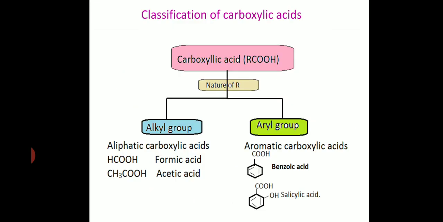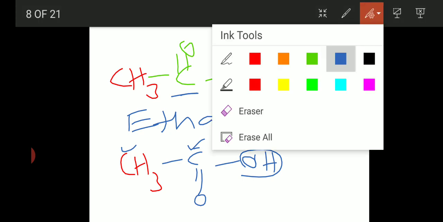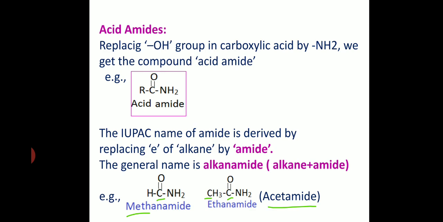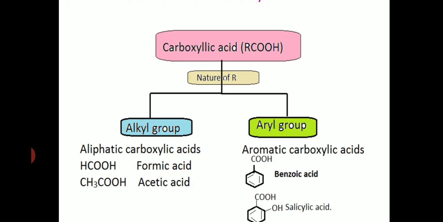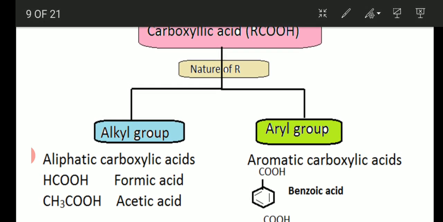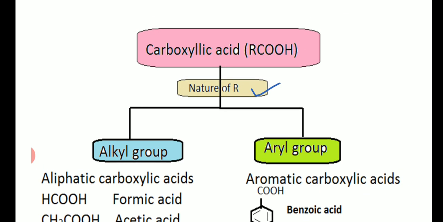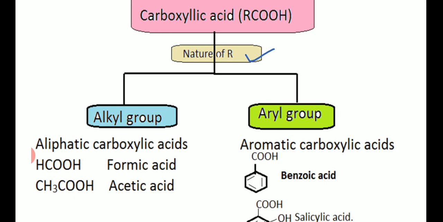Okay. Now we move to the next topic. Classification of carboxylic acids based on the nature of R. That is, on the alkyl group in RCOOH, where R is an alkyl group like methyl, ethyl, propyl, and COOH is the carboxylic group.